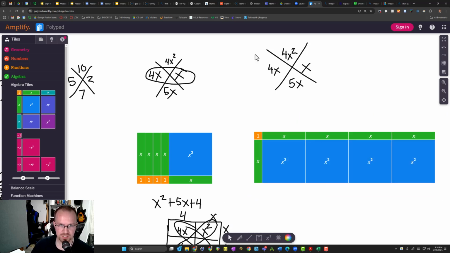And a lot of students, if you give them these kinds of problems where they're missing maybe the sides, might try to set it up like this, or they could set it up like this. And based on this model right here, both of those are valid. This is x plus 1, just so that we're really clear, and 4x plus 1. And both of these result from this kind of model.